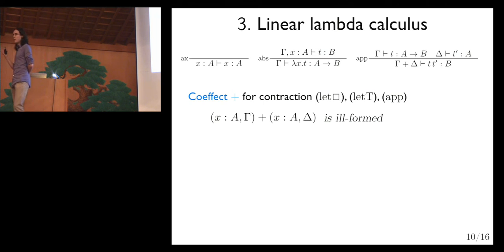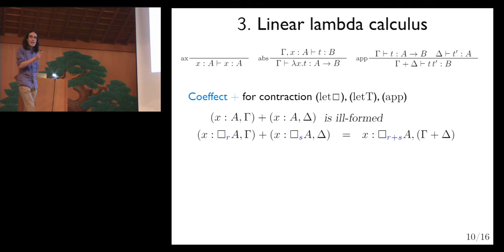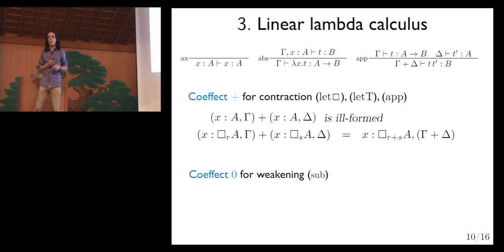So this is the usual control of contraction that we have in the linear lambda calculus, unless both x's are of coeffect type, and then we add together their indices. So if we've got box R and box S for x in both contexts, then we can contract using the plus of the semi-ring. Now related to this, we can use the coeffect 0 for weakening.